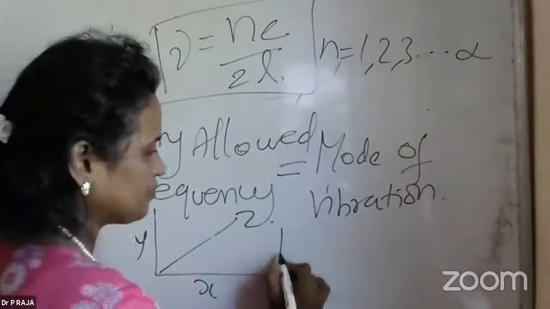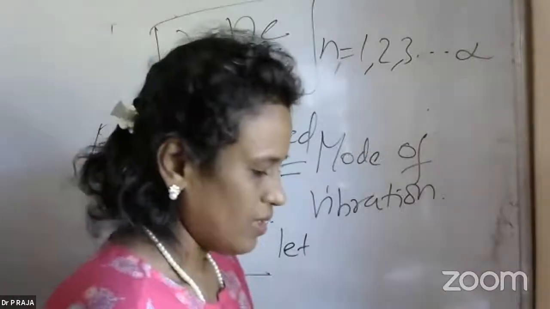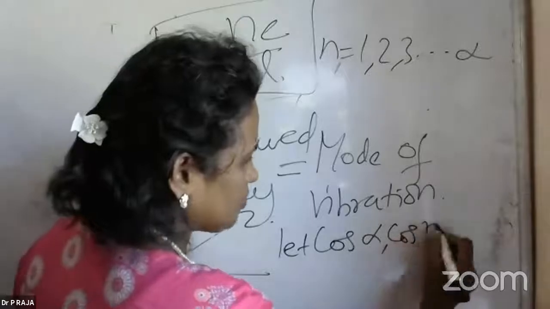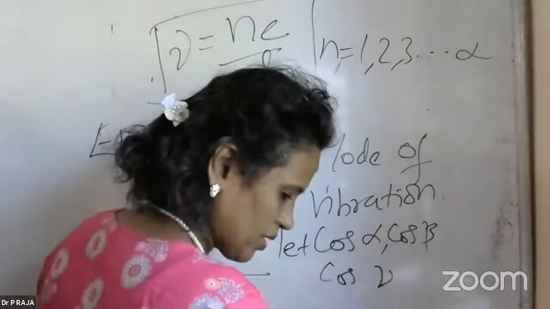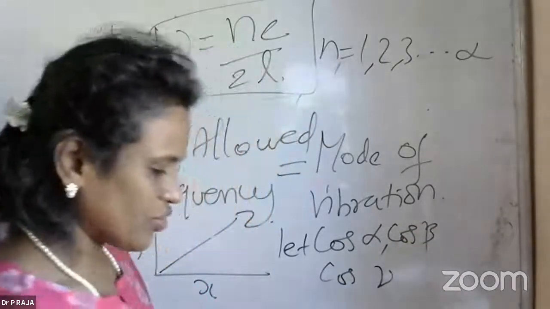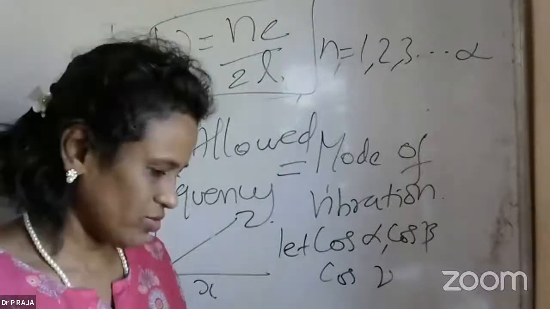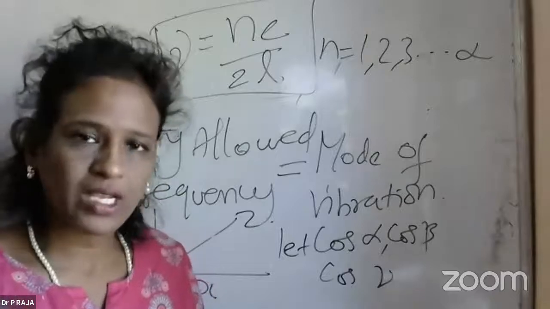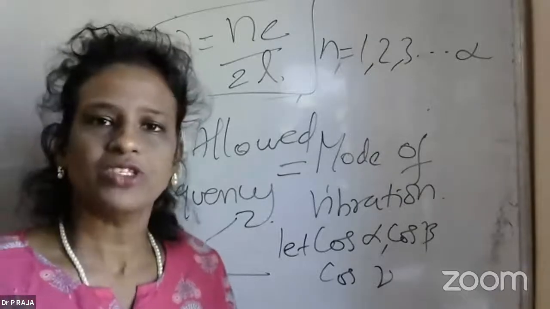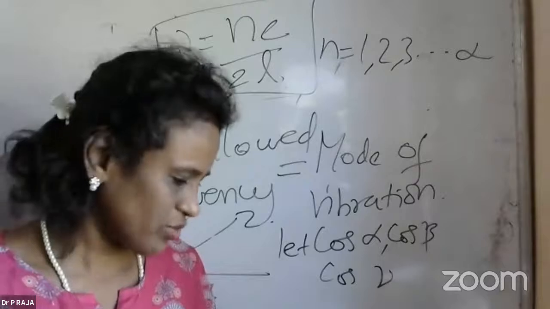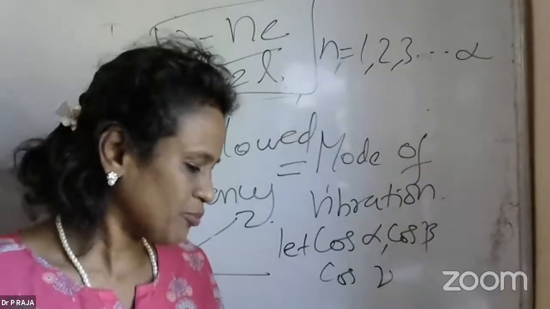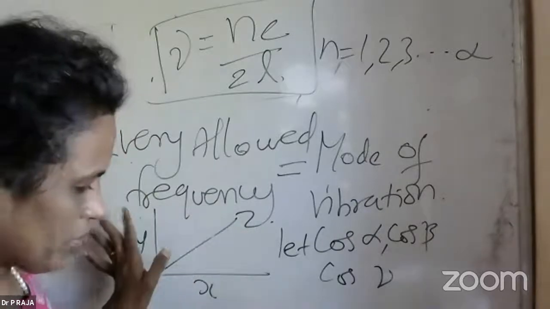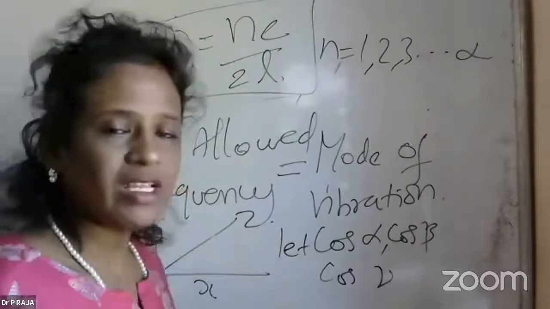Let cos alpha, cos beta, and cos gamma be the direction cosines of the direction of propagation of a particular wave. We are going to consider a particular wave and then their projections on the direction of the propagation of the wave in a cube.